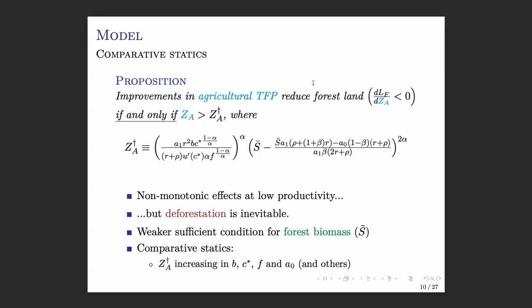And that gives you some rich testable implications. So for example, this threshold is increasing in B, it's increasing in C star, it's increasing in F, and it's increasing in A naught. These are all parameters that I introduced earlier. Hopefully I've introduced all of them. There are more to be, but this is just a taste.